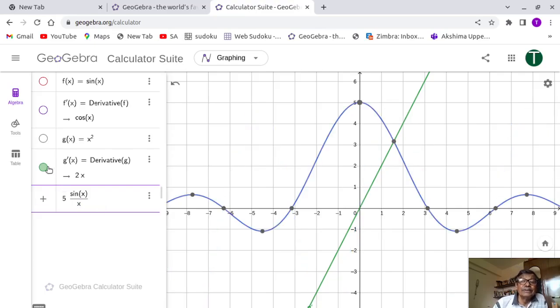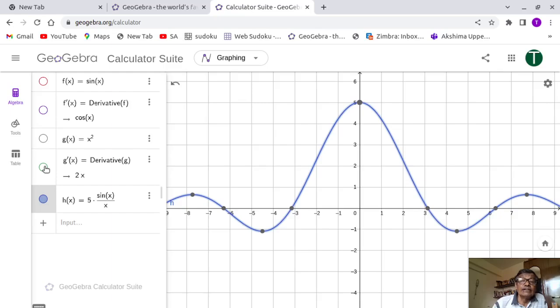Okay, and you hide this function. And also see, one thing is clear, that g of x derivative we write dg/dx, that is g dashed x, g prime x. So it gives automatically its name, so that you can identify whose derivative this is. Oh, function g dashed. So very logical in that sense.